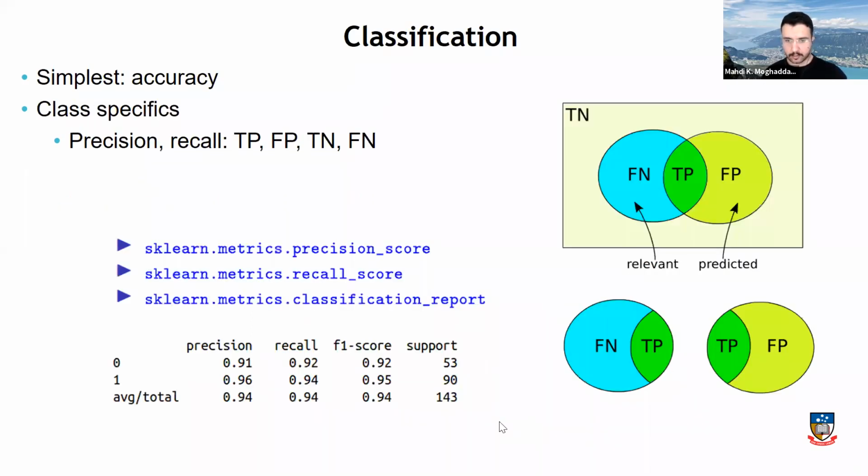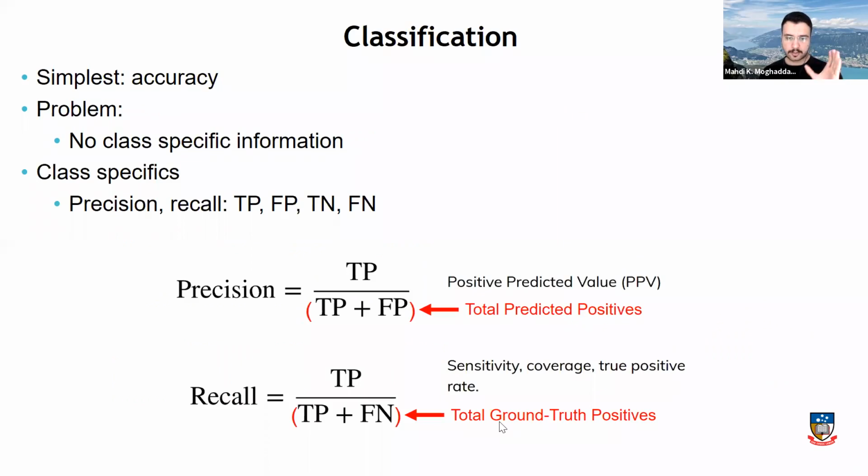Now, with a diagram it would be more clear, but the formula is like this. Precision basically tells you, among all the predicted positive values for a specific class, how many of them were correct. So let's say you predicted 100 as class 1 over the whole 1,000 set, and only 50 of them were correct, then you have 50% precision.